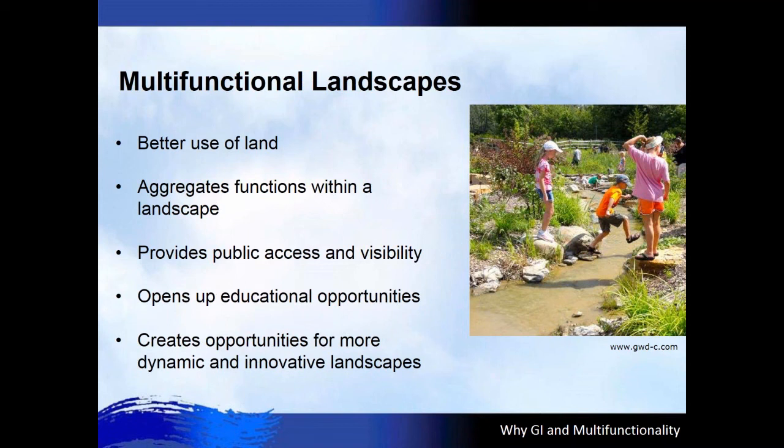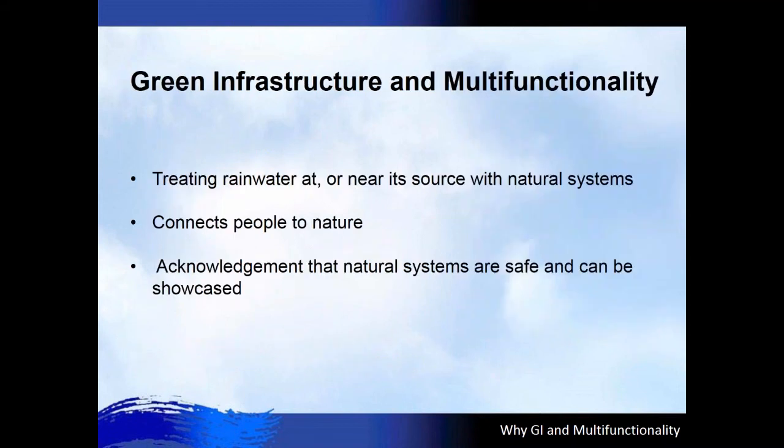So green infrastructure and multifunctionality, why do they work together well? Green infrastructure, within the definition, is treating stormwater by mimicking natural hydrology and using natural systems to treat stormwater. This includes soils and vegetation which infiltrate, evapotranspirate, and recycle runoff.